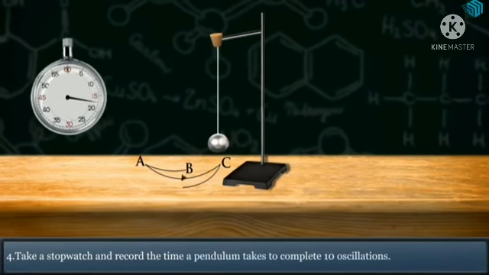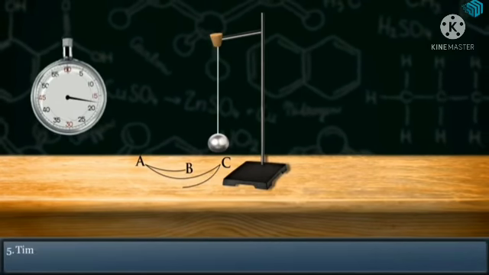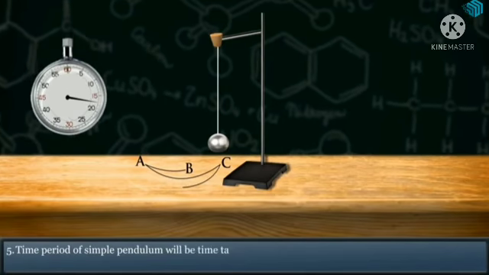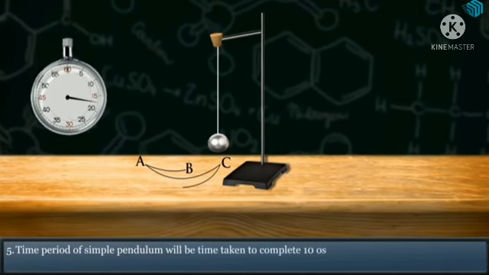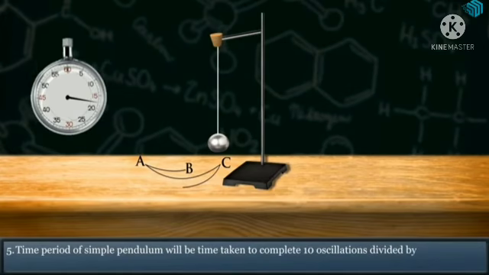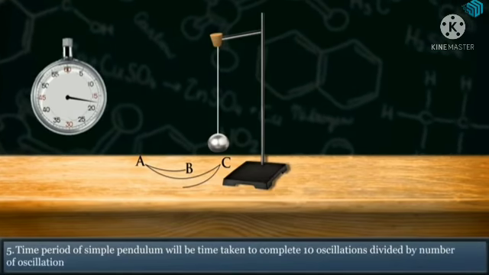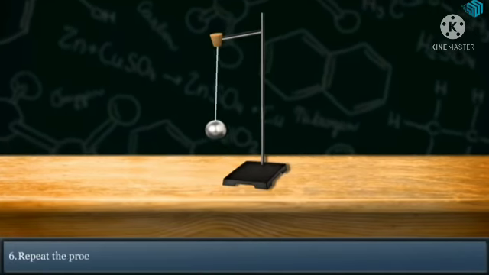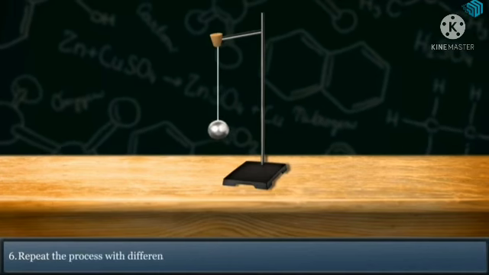Number 5. The time period of the simple pendulum will be the time taken to complete 10 oscillations divided by the number of oscillations. Number 6. Repeat the process with different lengths of pendulum.